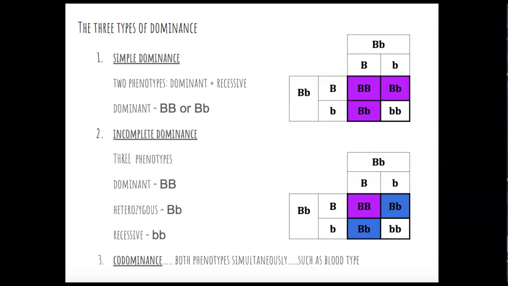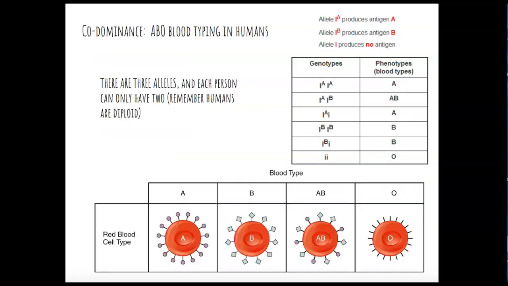Another example of a type of dominance is called codominance. And this is where both phenotypes can simultaneously occur, such as in blood type. So in humans, our blood type is codominant, which is called ABO blood typing. Each human has 2 alleles for blood type, but there are 3 possible alleles for blood type in people.